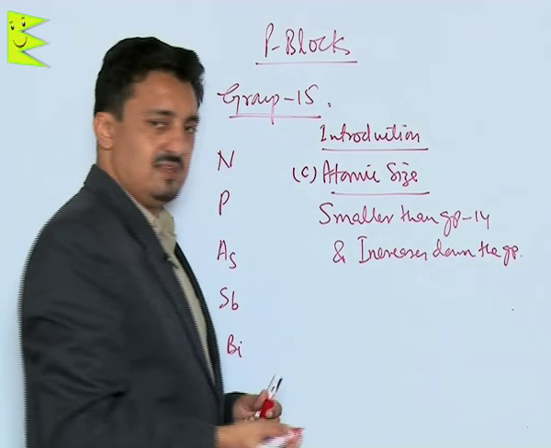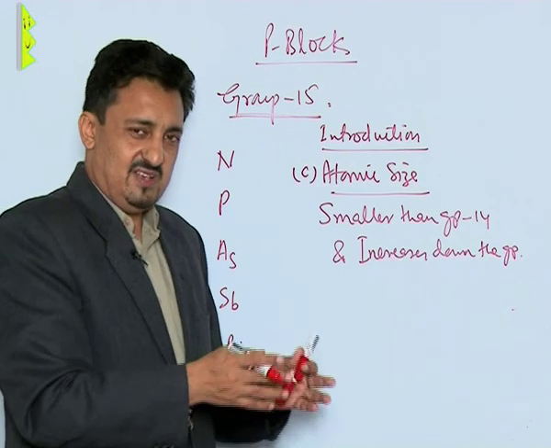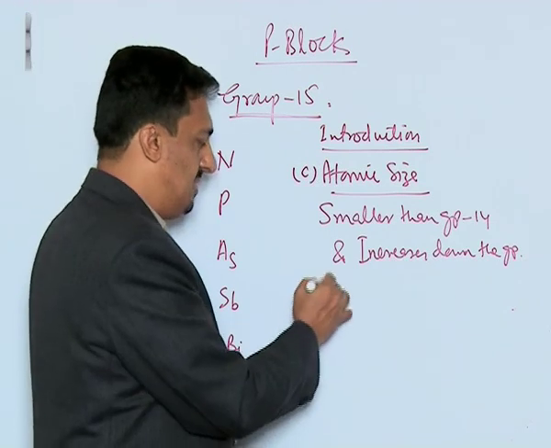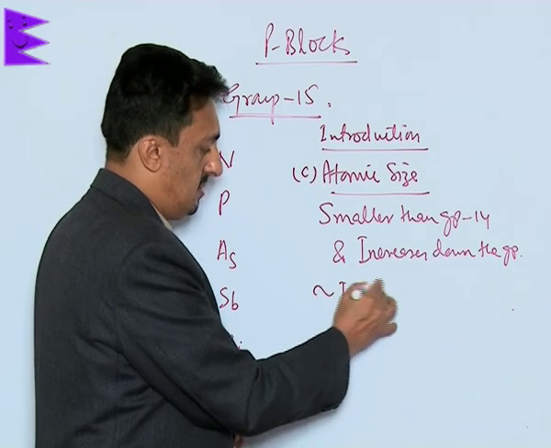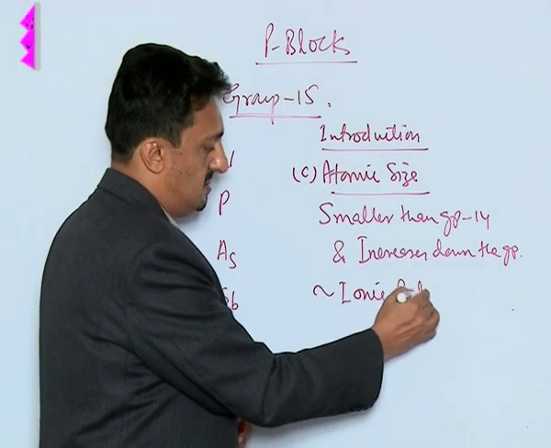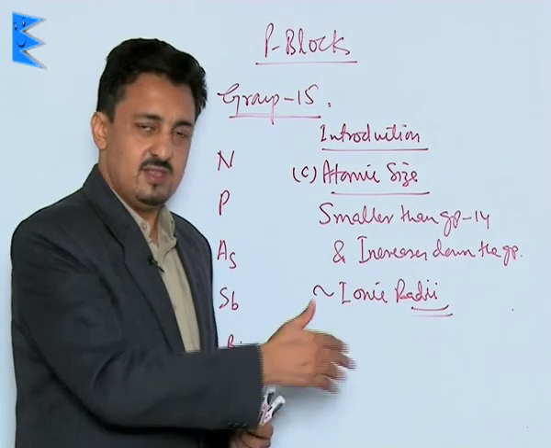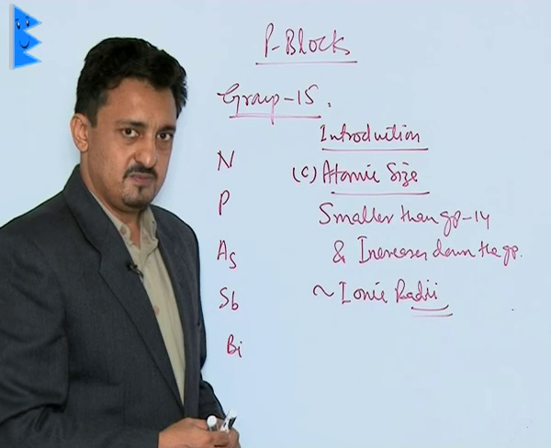So it's a usual thing with no specific exceptions to be studied in this case. Similar will be their ionic radius or ionic radii, no variations, smaller than group 14 and increases down the group.